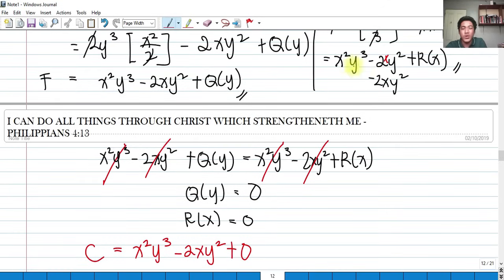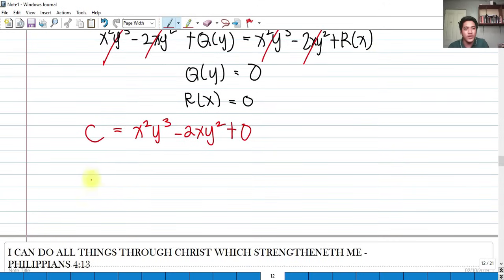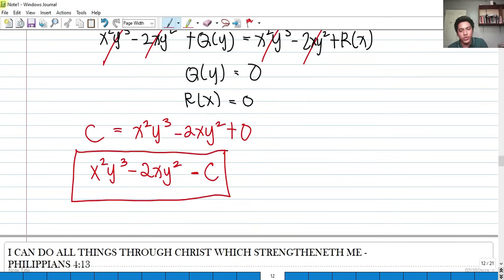If you choose the other one, you will still arrive at the same answer. So our answer is x squared y cubed minus 2xy squared equals c. And this is our solution to our non-exact DE.